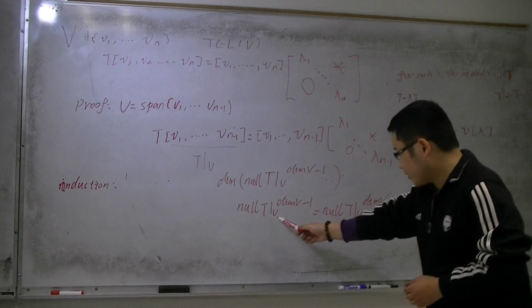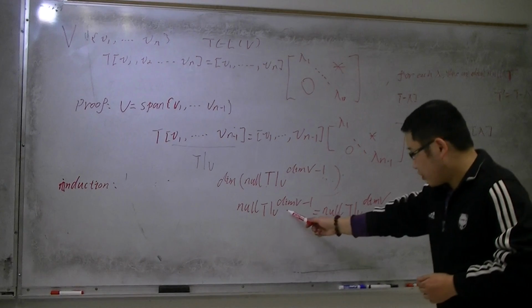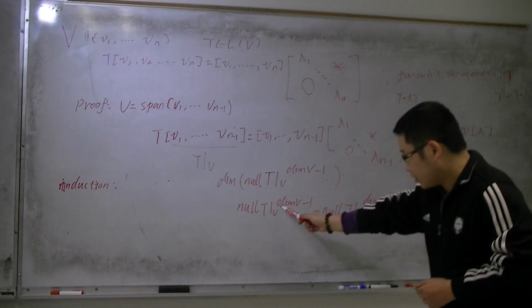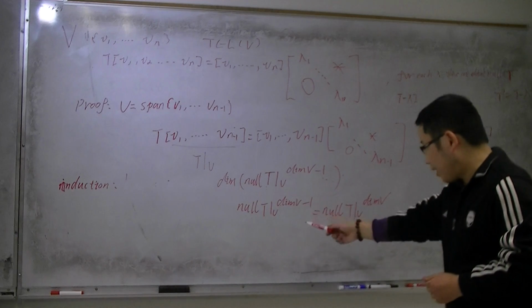Because this exists, as I proved before, the whole dimension of U is dimension v minus 1.